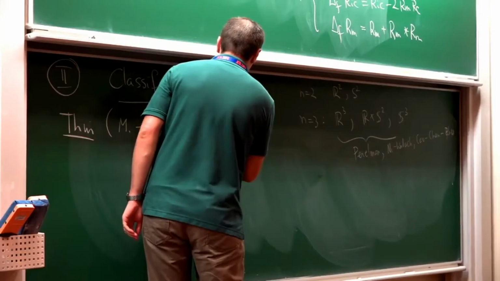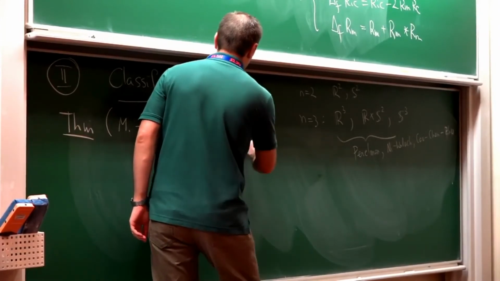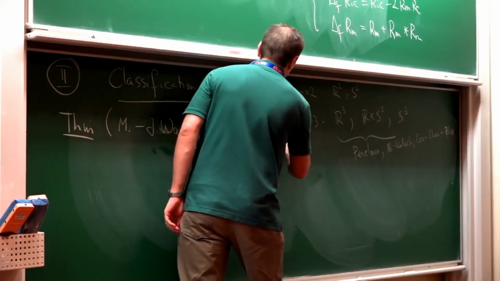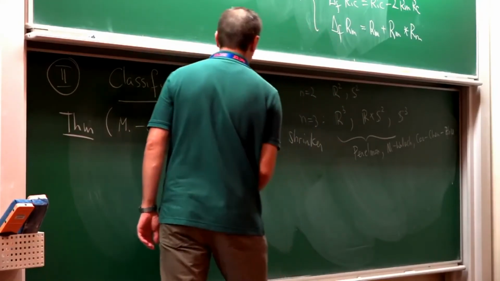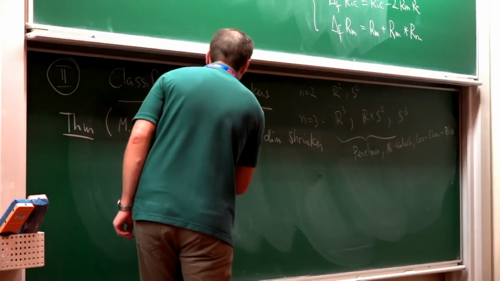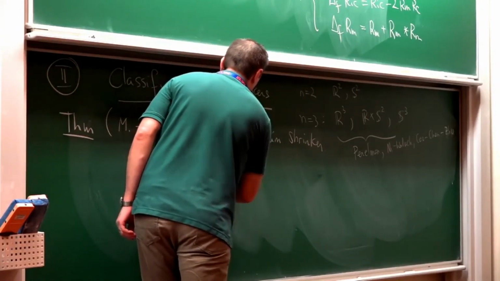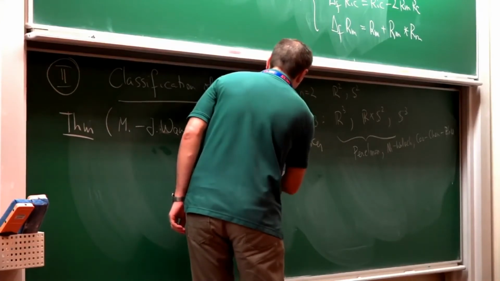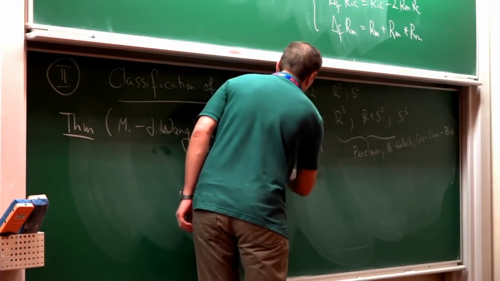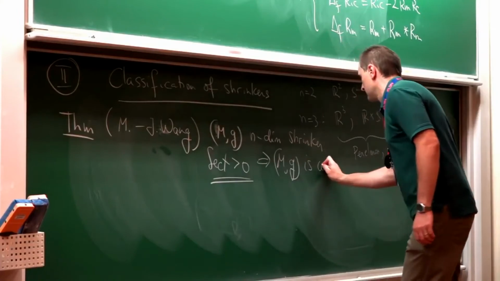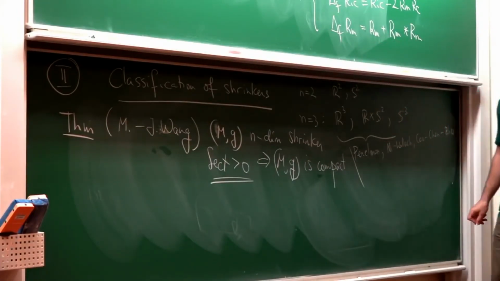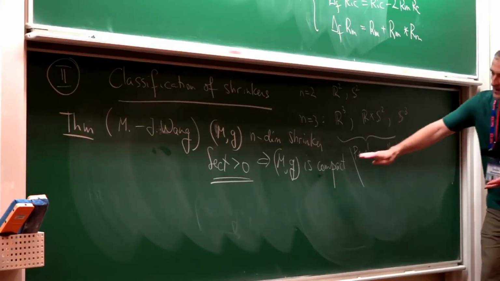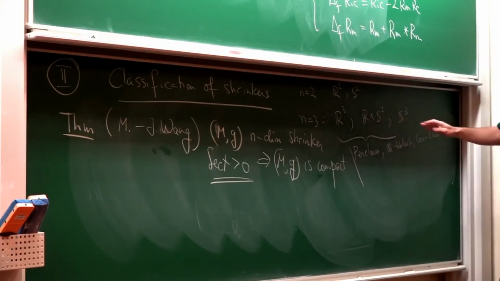If you have an n-dimensional shrinker, any dimension, but I will need to assume sectional curvature to be positive, then the manifold must be compact. Compact as a manifold, it cannot be non-compact.